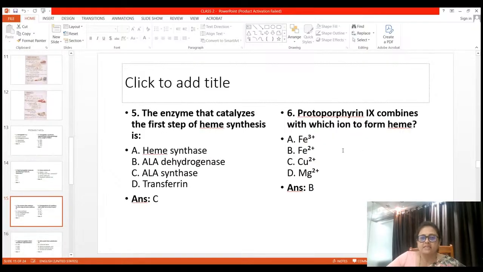Okay, next. The enzyme that catalyzes the first step of heme synthesis is ALA synthase. Protoporphyrin 9 combines with which ion to form heme? It combines with ferrous, Fe2 plus.